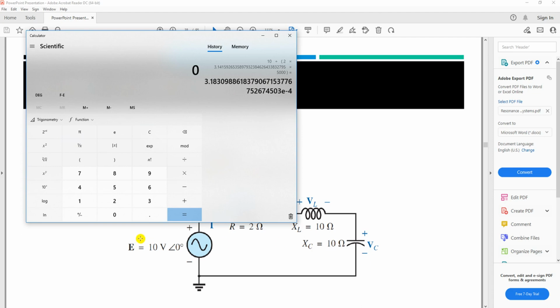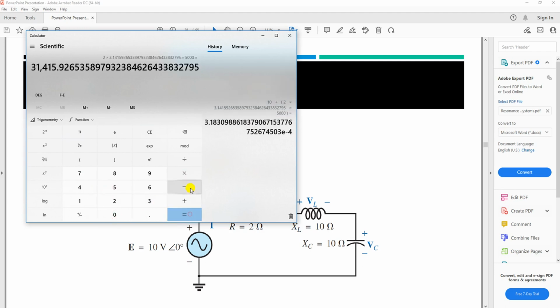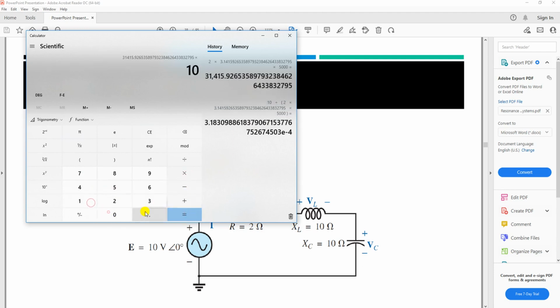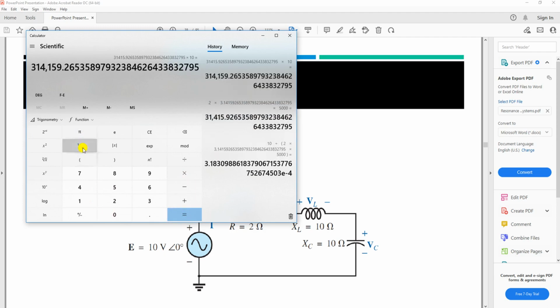Anyway, it is very easy. In order to get the capacitance, we first get the inverse of 2 multiplied by pi multiplied by the frequency, which is 5000, multiplied by the 10 ohms, then get the inverse like this.